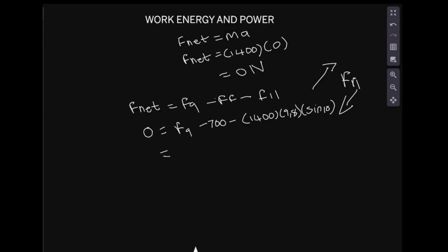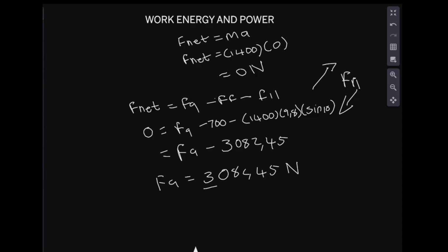That will give us F applied minus 3,082.45, which makes F applied equal to 3,082.45 newtons moving up. So that is how much force we needed to move up the slope. Okay? Perfect.